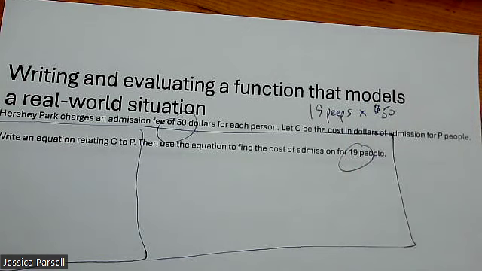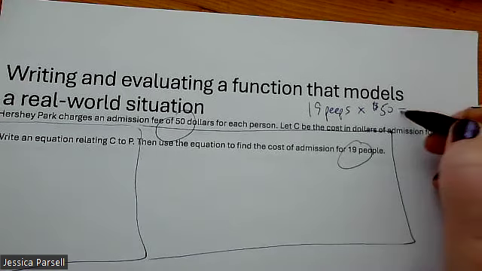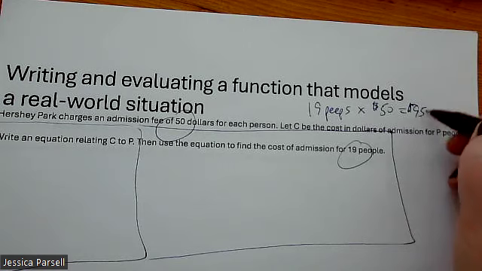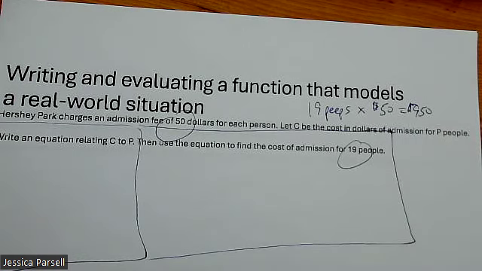Okay, so that's going to tell you how much money you would bring. So let me get my calculator out on my cell phone, and I'm going to do 19 times 50. Okay, so that's going to be $950. That's how much you would need to bring just to get 19 people in.